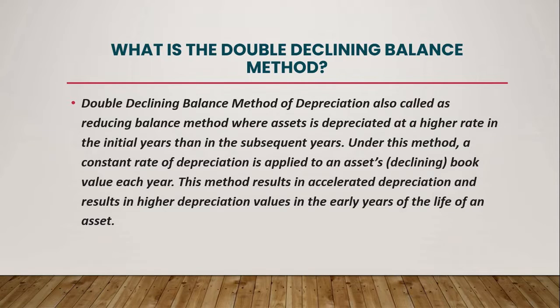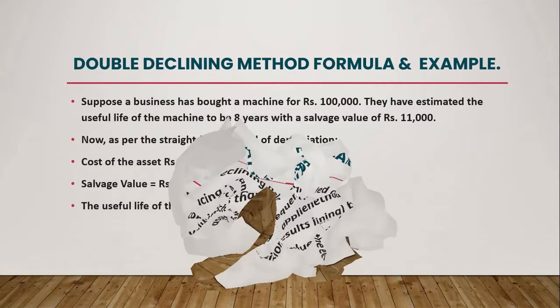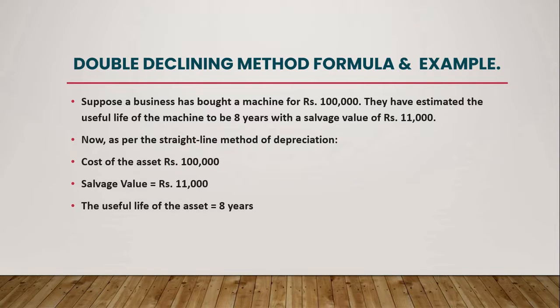So in this method the rate is constant, for example 15%, 20%, 25%, but the percentage is fixed every year, applied to the asset's declining book value. This method results in accelerated depreciation and higher depreciation value in the early years of the life of an asset. Next we move to the formula and examples.